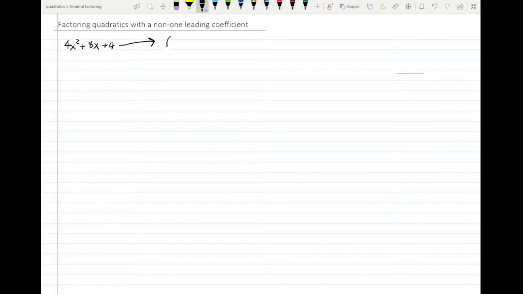a product of monomials. Only this time instead of x plus a times x plus b, we're going to have a few more variables. So it's going to look like k times cx plus a times dx plus b.